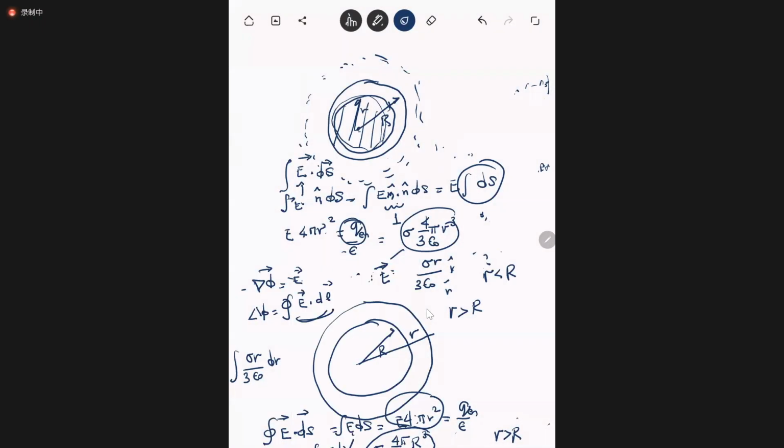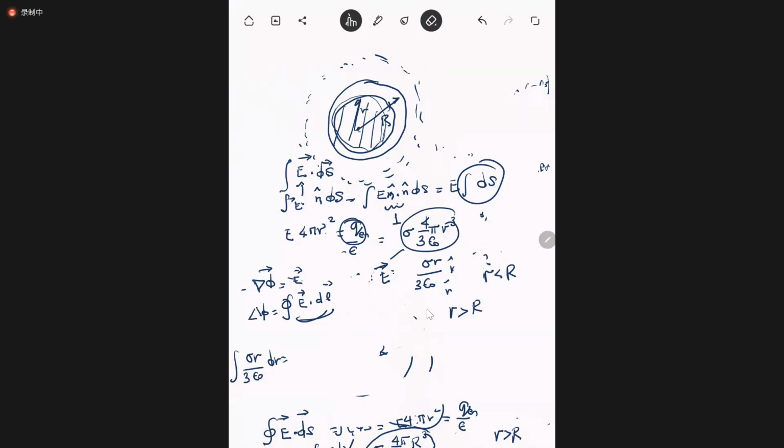So we need to find what is the integral for that, yeah? Can someone help me with that? Can someone tell me what this expression will give me when I integrate it? I have sigma over 3 epsilon 0, all those are constants that can come outside. What about r dr? It's going to be r squared over 2, yeah?